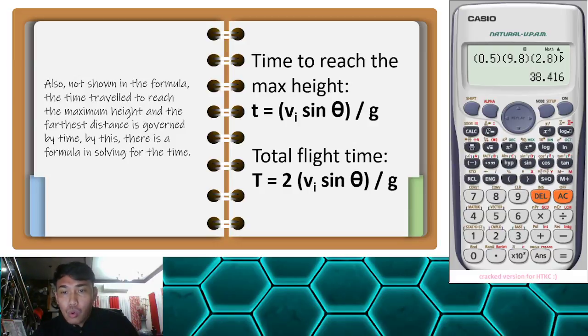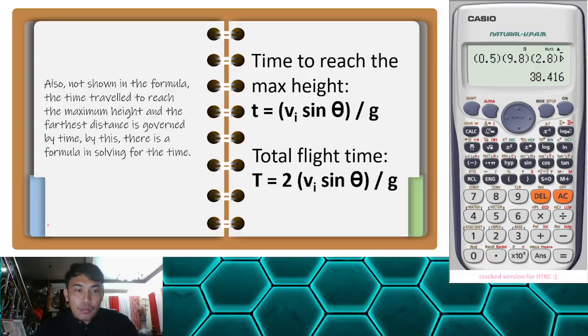So this 2 is just the addition of two versions, time to reach the max height plus time to reach the max height. That's why it is 2 for total flight time.